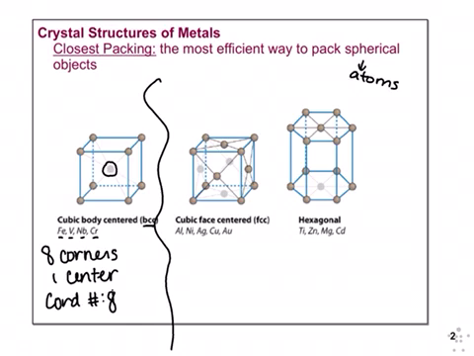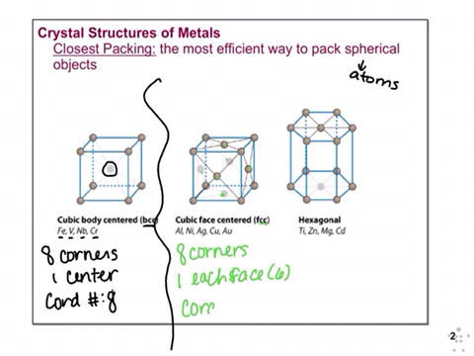Our second structure is going to be cubic face centered, or FCC. So it's basically the same as cubic body centered, but instead of there being an atom in the center, there's going to be an atom in the middle of each of the faces. So we have the 8 corners occupied by atoms, and then 1 in the center of each face. And so that gives us a total of 6 atoms there.